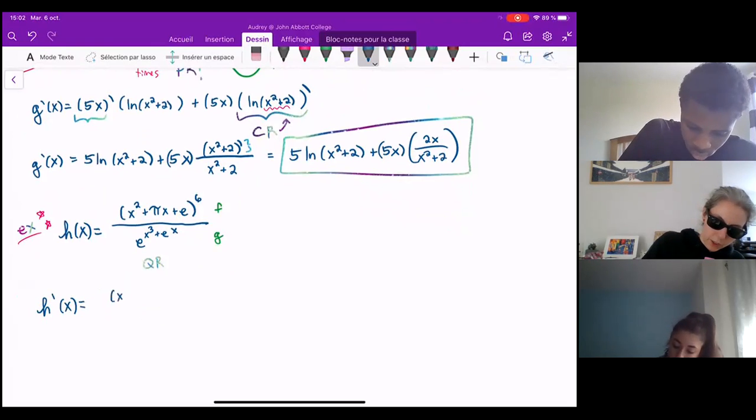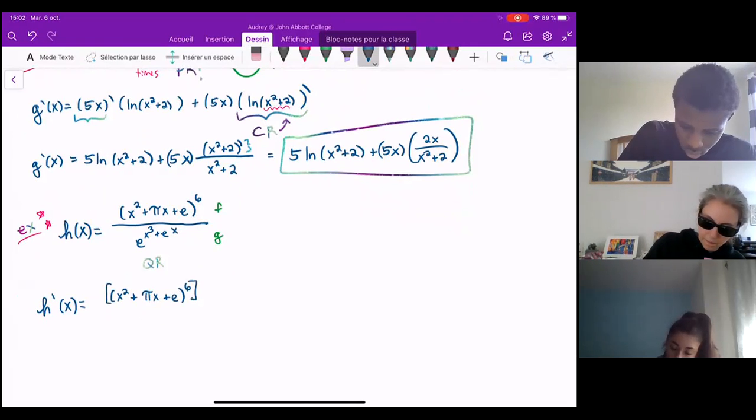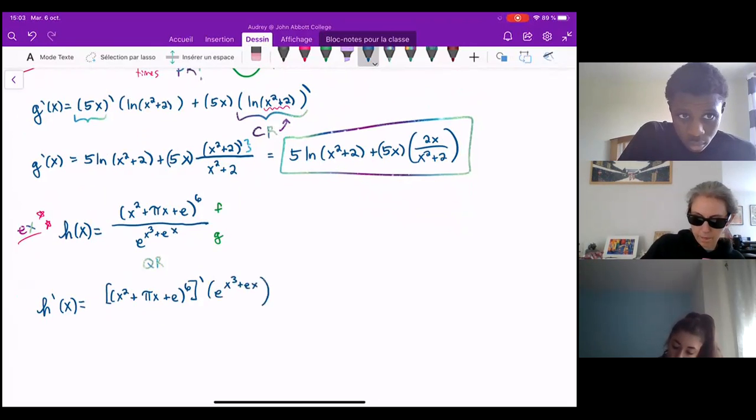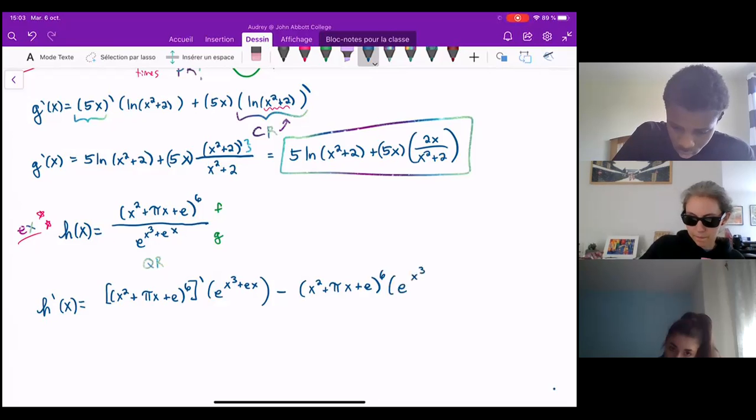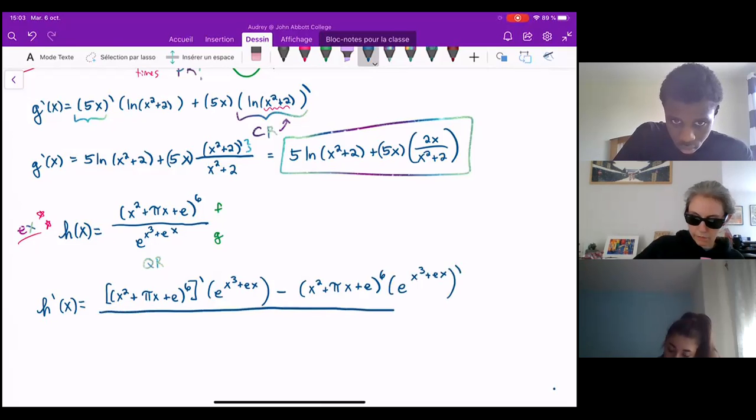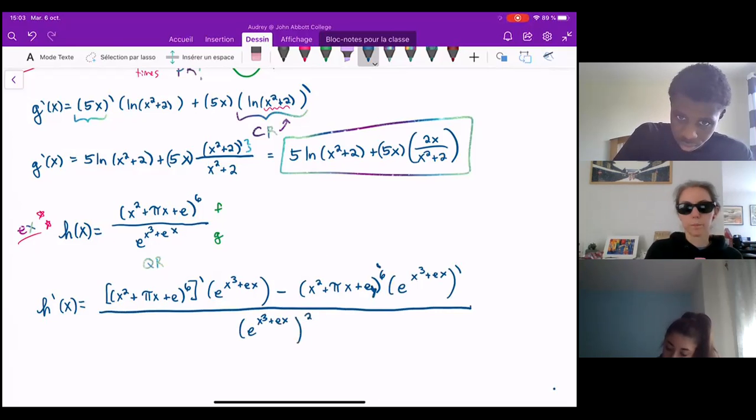So the quotient rule says the derivative of the top times the bottom minus the top times the derivative of the bottom, all divided by the bottom squared.